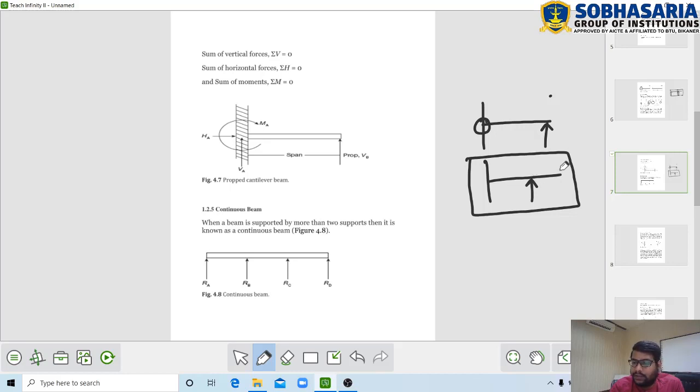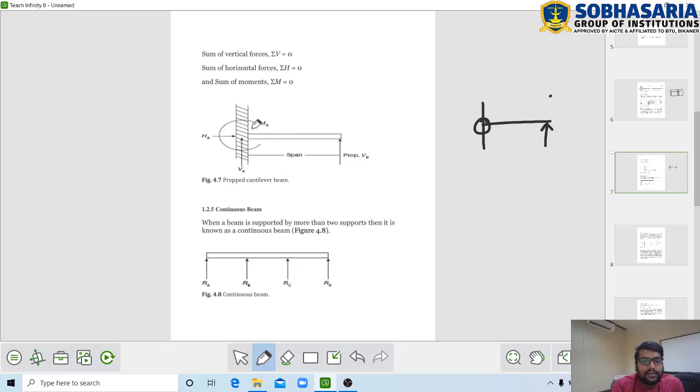So you will see this part is propped, propped means extended. So here you can see there is vertical reaction, there is horizontal reaction, and there is moment applied.